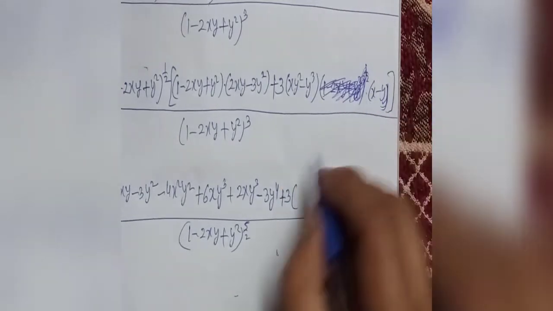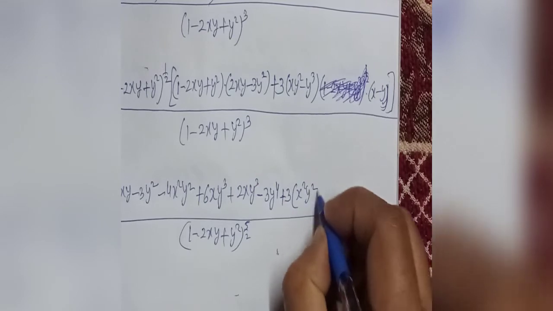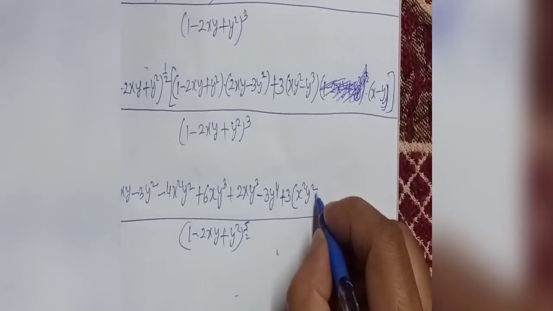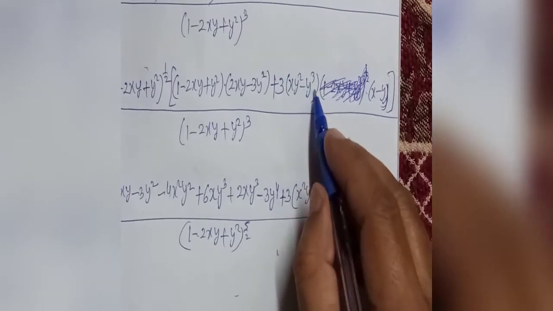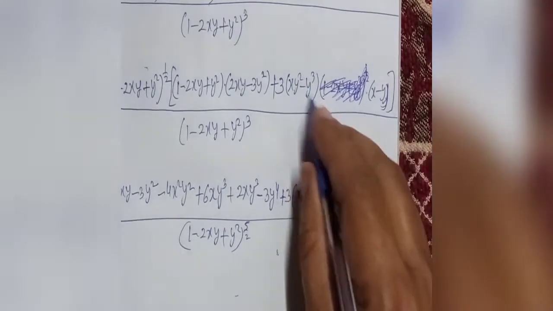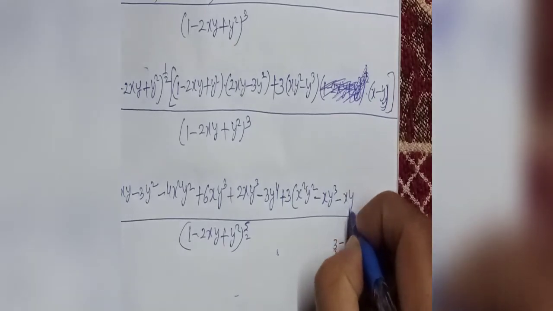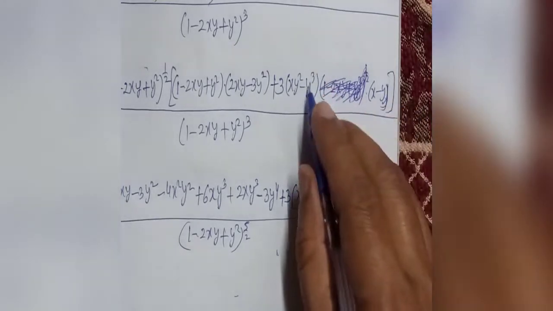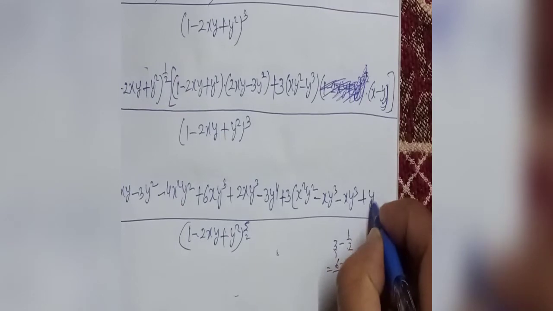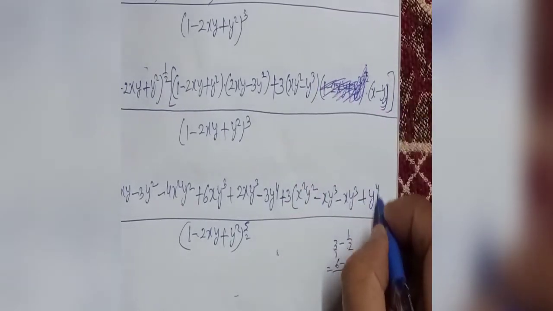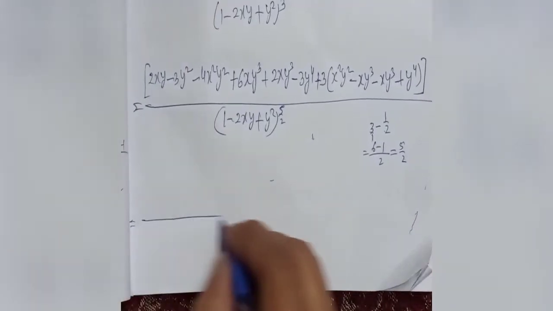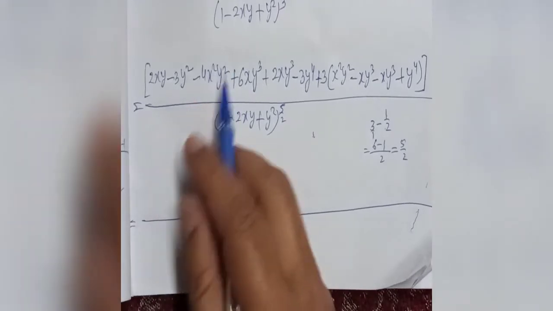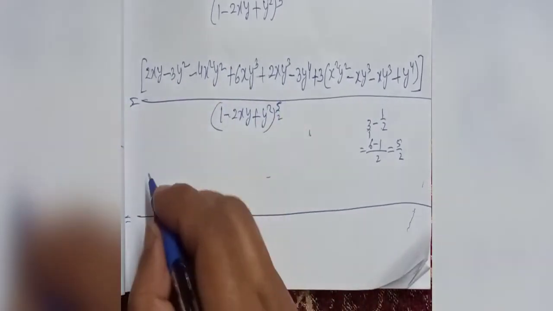When xy² multiplies x, it becomes x²y², and this multiplied to this we get xy³, and minus y³ multiplied to x gives minus xy³, and this multiplied to this, minus times minus is plus, which is equal to 3y⁴, bracket close, is equal to write this value.